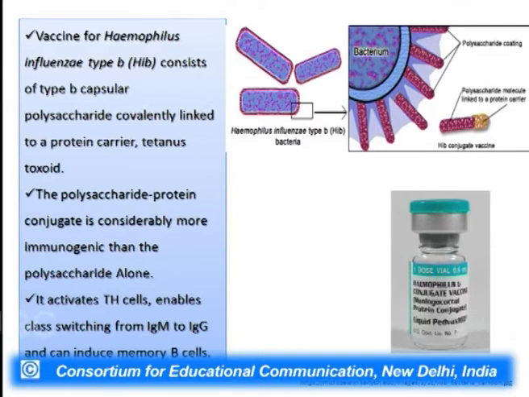The vaccine for Haemophilus influenzae type B, that is Hib, consists of type B capsular polysaccharide, which is covalently linked to a protein carrier, that is the tetanus toxoid. The polysaccharide-protein conjugate is much more immunogenic than polysaccharide alone. It activates the T helper cell, enables class switching from IgM to IgG, and also induces memory in certain B cells.